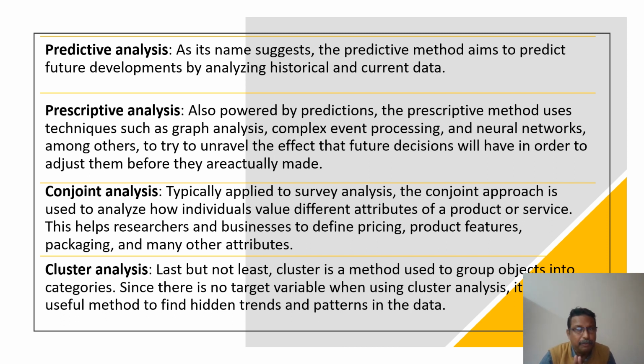Somebody would be very sensitive to price, somebody to availability of the product, somebody might be very sensitive to the brand altogether. This will help researchers and businesses to define pricing, product features, packaging, and other attributes.